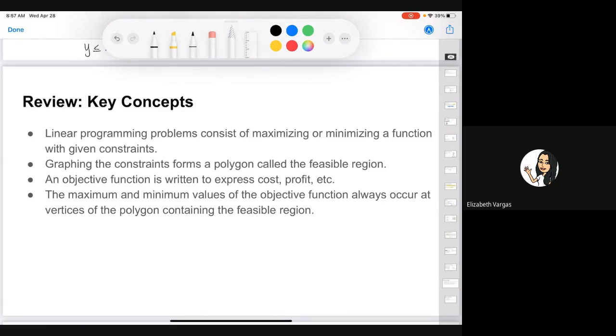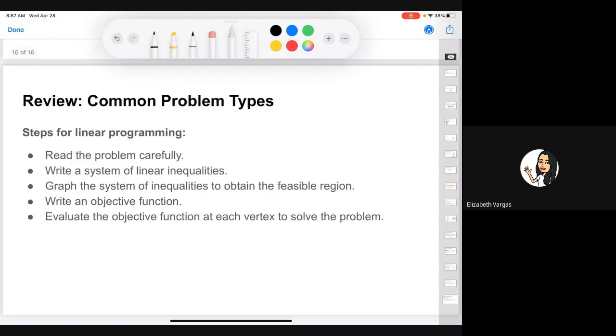The maximum and minimum values of the objective function always occur at the vertices of the polygon containing the feasible region. And here are the steps to solve a linear programming problem, which we just went over. Read the problem carefully, write a system of linear inequalities, graph the system of inequalities to obtain the feasible region, write an objective function, and then evaluate the objective function at each vertex to solve the problem.